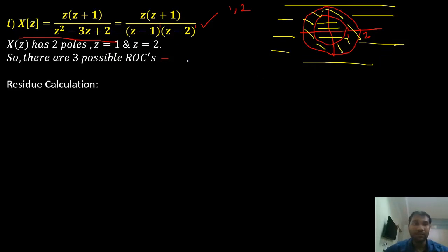So now we will find the inverse Z transform for all three different ROCs.